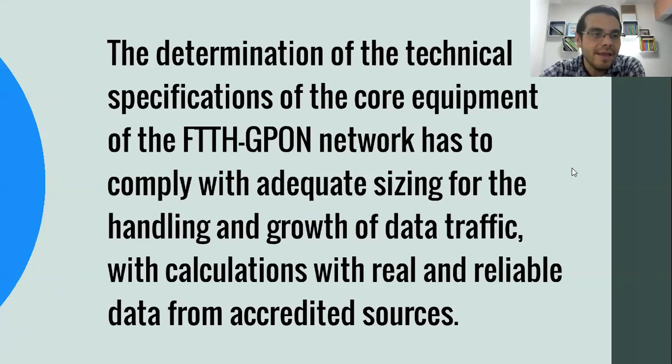We use the data of our previous case study of our article, and that information was taken from accredited sources. And if you're able to read our article, you will find out that it's true.